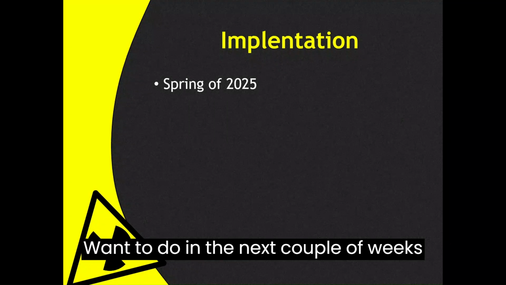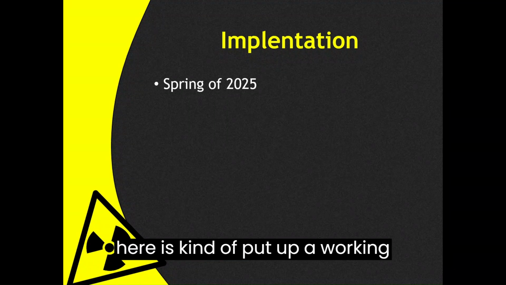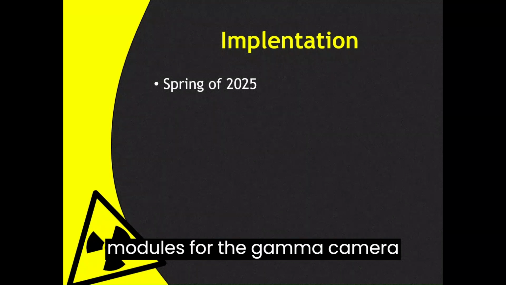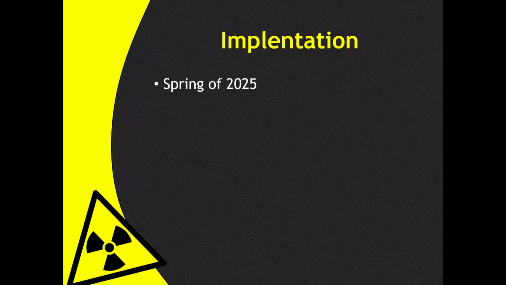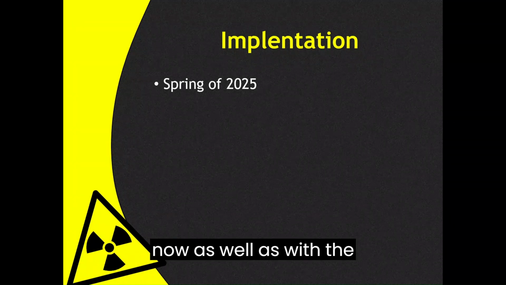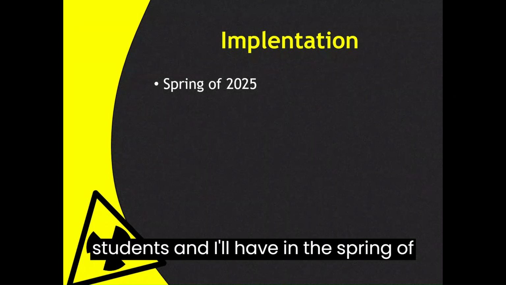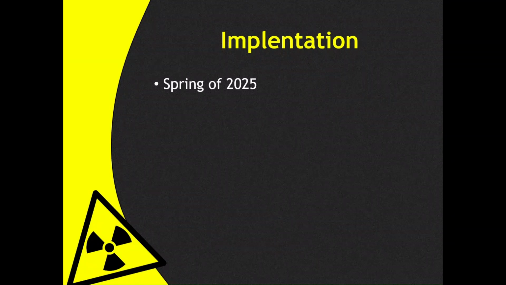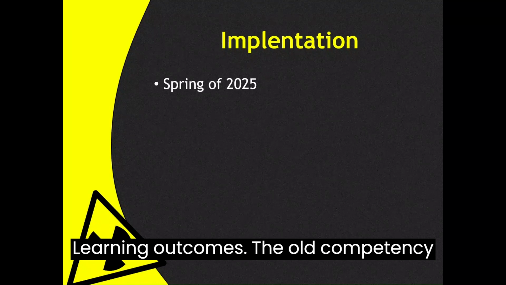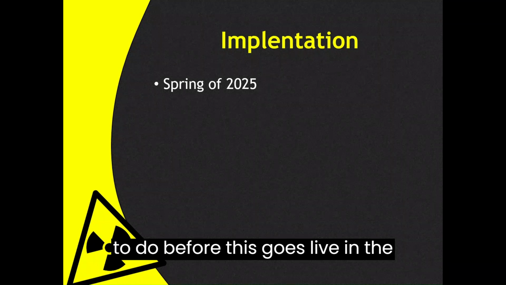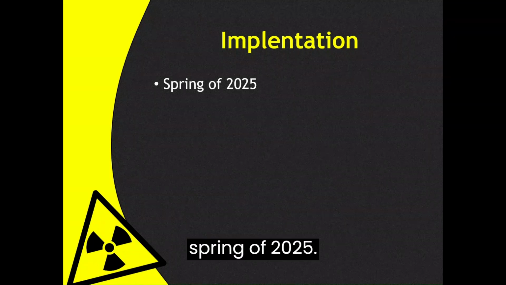But in the next couple of weeks, I want to put up a working shell of one of the modules for the Gamma camera, and allow myself to get some testing done now, as well as with students that I'll have in the spring of 2024, even though it's using the old learning outcomes and the old competency profile. It could be a good test for me before this goes live in spring of 2025.